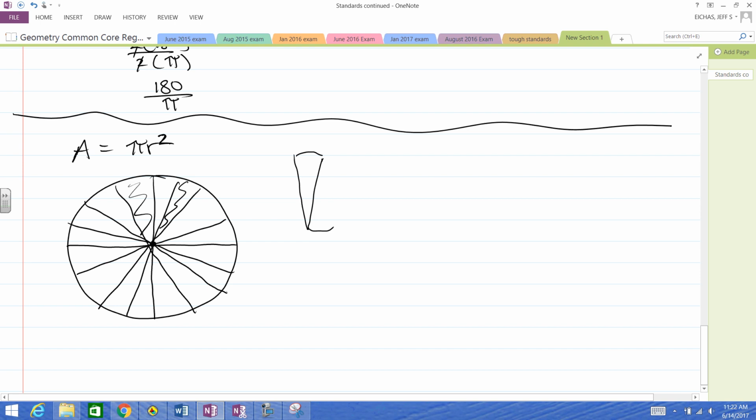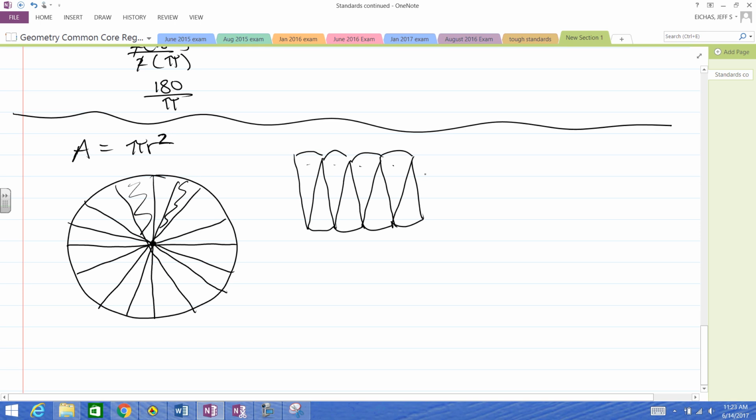I'm going to arrange this way. Half of these slices will face up, the other half down, and so on and so forth. About 16 slices. Let's imagine I could actually do a halfway decent job with this.